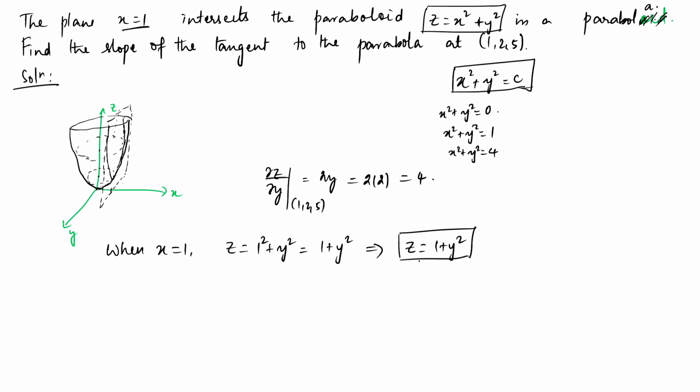You may treat this as a function of one variable, and if you need the slope, you just find the derivative. It is going to be 2y. When you substitute the point 1, 2, 5, it is 2 times 2, which is 4 again.